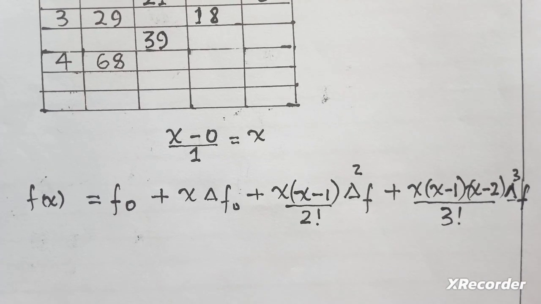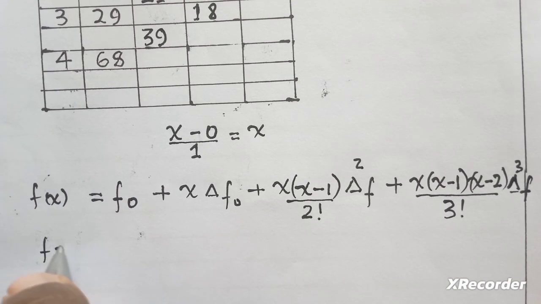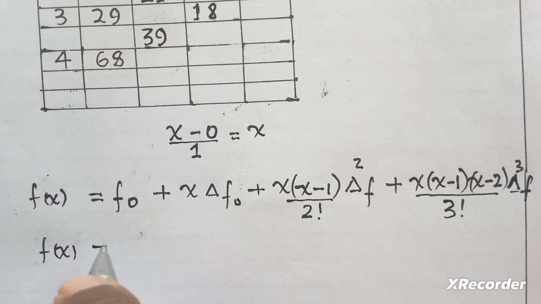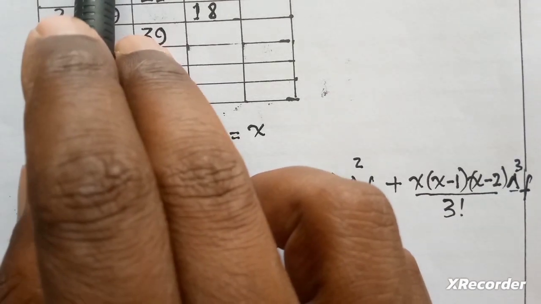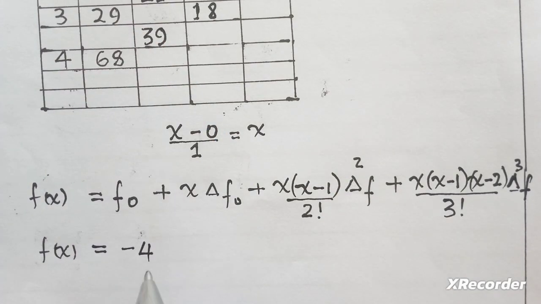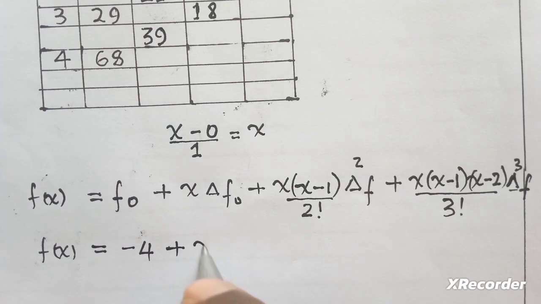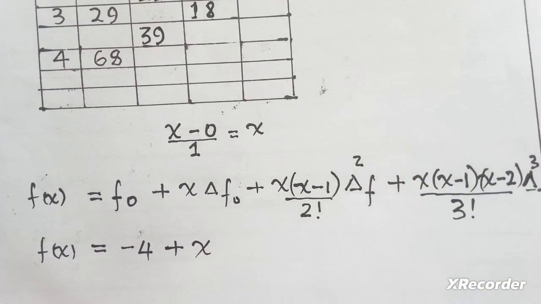We shall have our f of x being equal to f0, and f0 is going to be negative 4. So that one is negative 4, plus, you come to x, the second number is supposed to be 3.